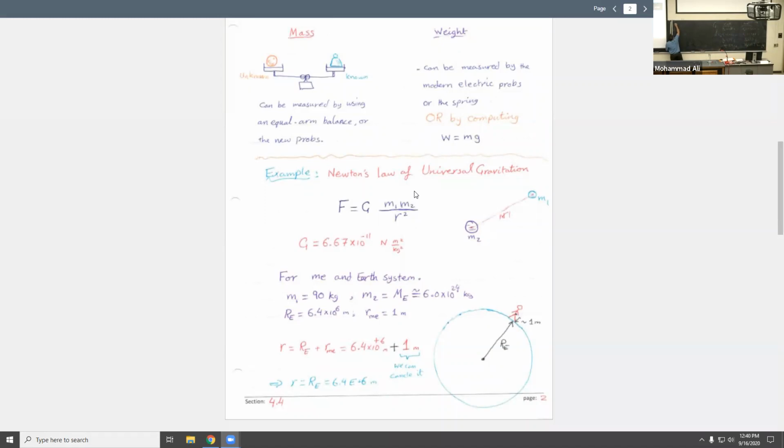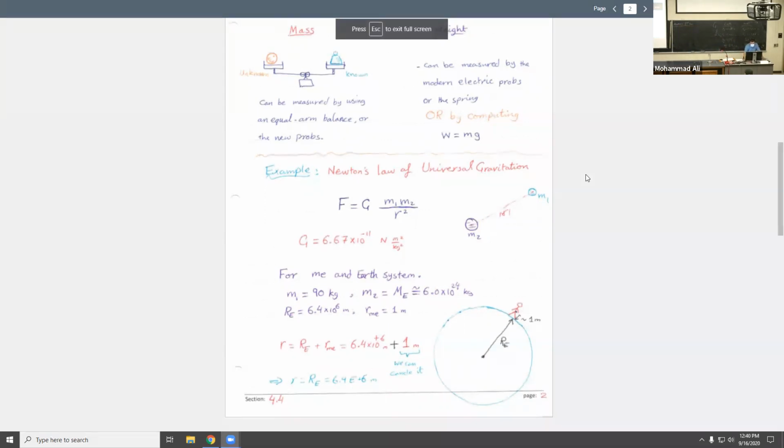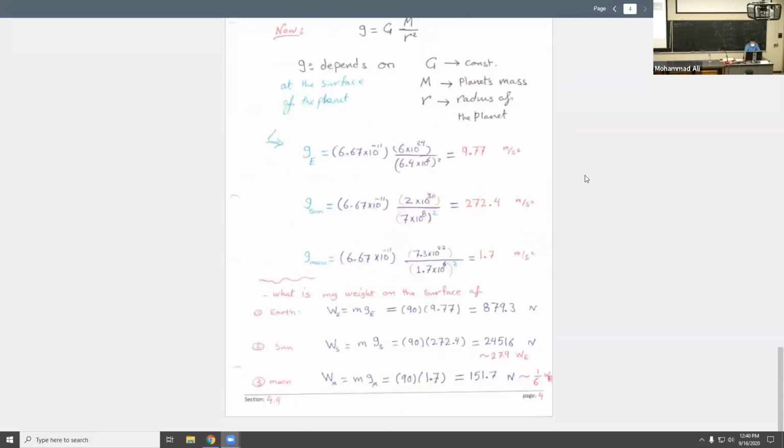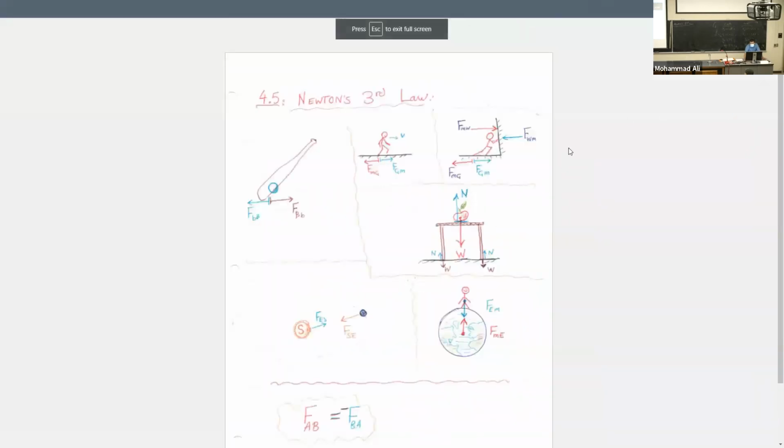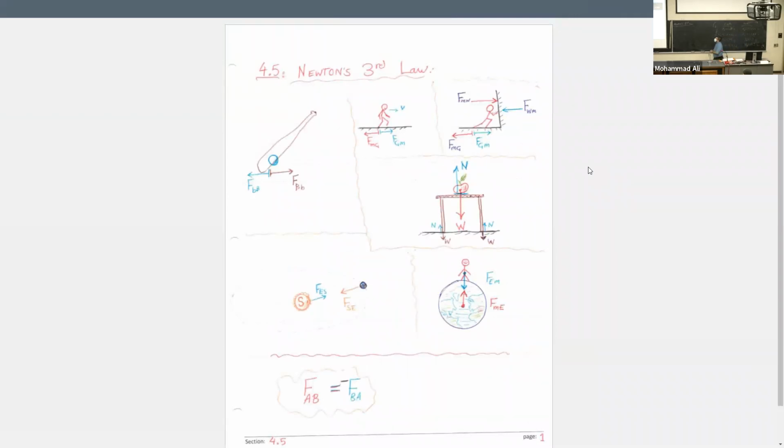Now, Newton's third law. It is simple. Now, we have Newton's first law, second law.